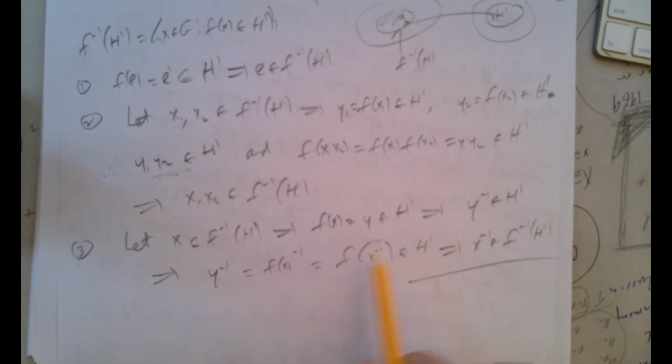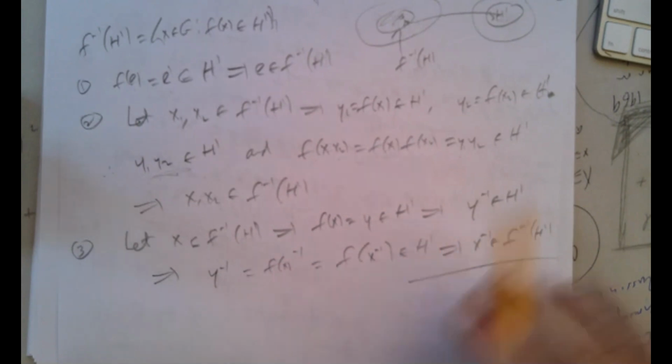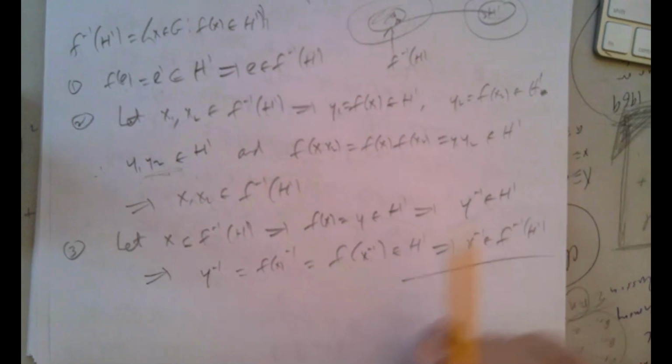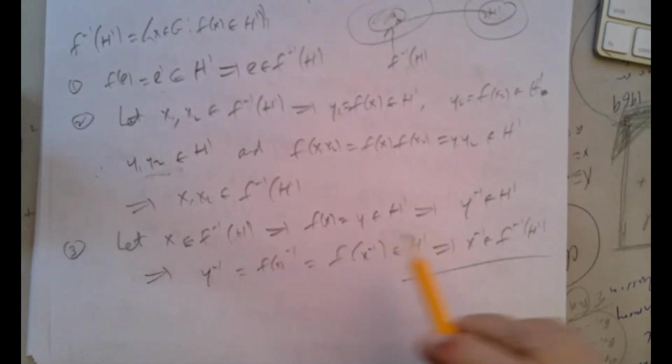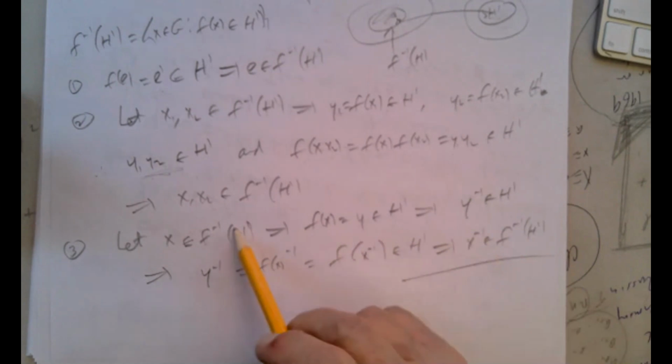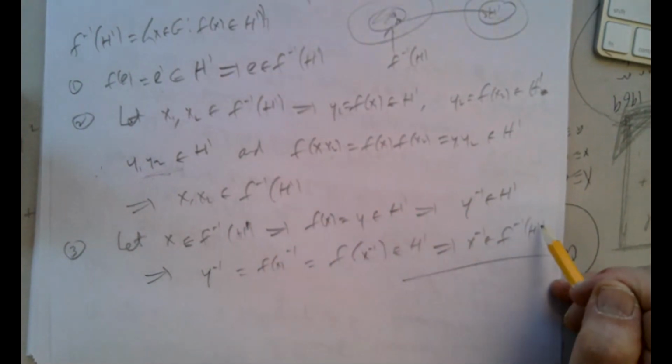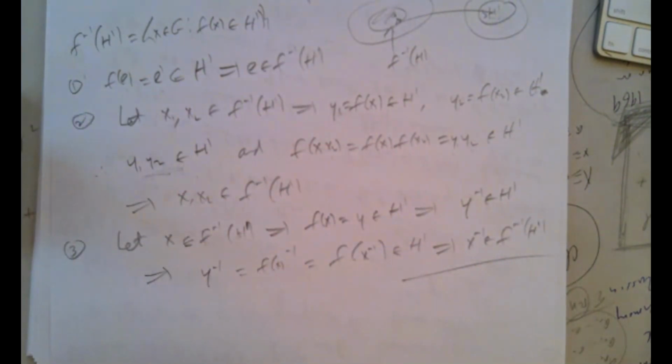Again, every one of these equals or whatever requires some proof or some explanation. But this is in fact the complete proof that if you take any element of f inverse of H prime, its inverse is also in f inverse of H prime. So 1, 2, and 3 together imply that f inverse of H prime is a subgroup. That's the proof.